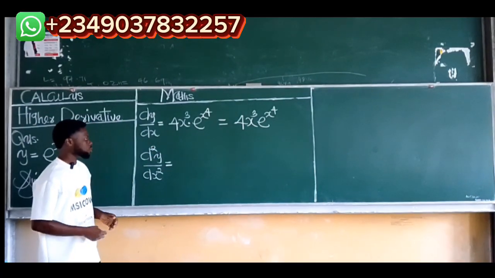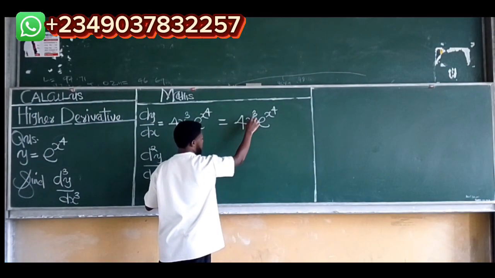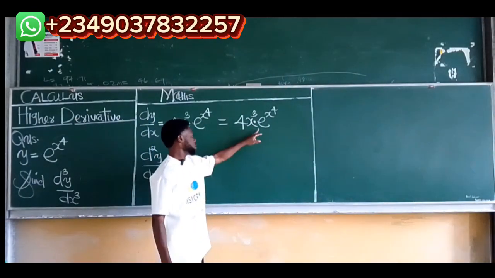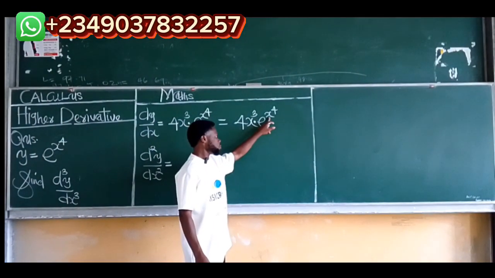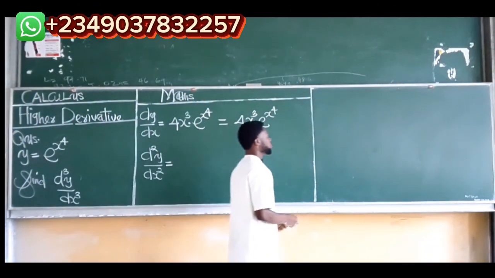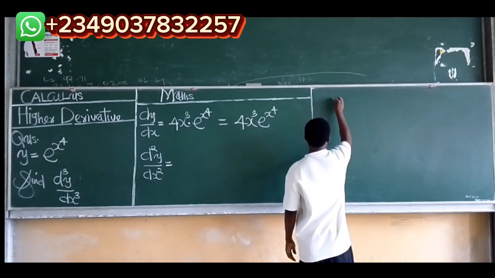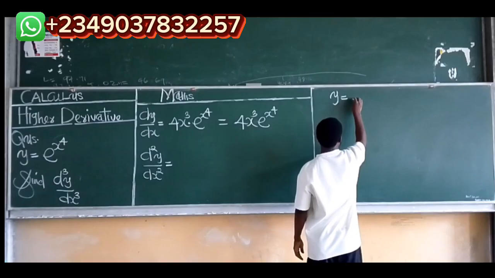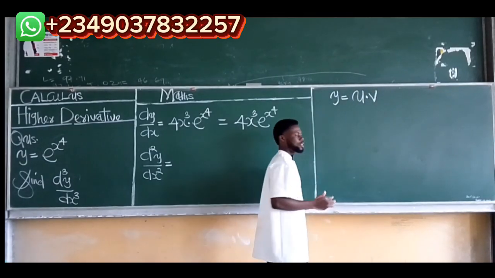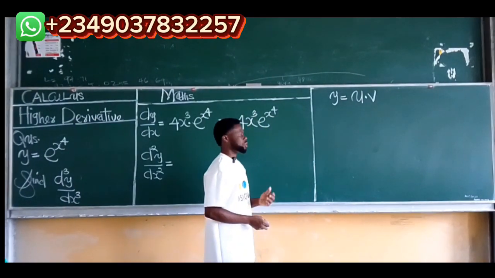So in this question, since we have 4x raised to the power of 3, this is the first function. Another function is e raised to the power of x, which is raised to the power of 4. Now let us recall that in the product rule, if y is a function of x, then we can express y as the product of u times v, where u is the first product term and v is the second product term.